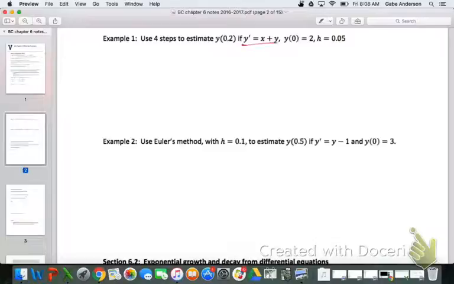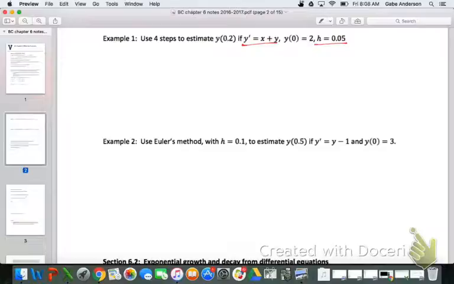What kind of a thing is that? It's a derivative, and it's an equation. So what do we call an equation that's got derivatives in it? It's a differential equation. So I've given you the differential equation, which will give us information about our slopes.